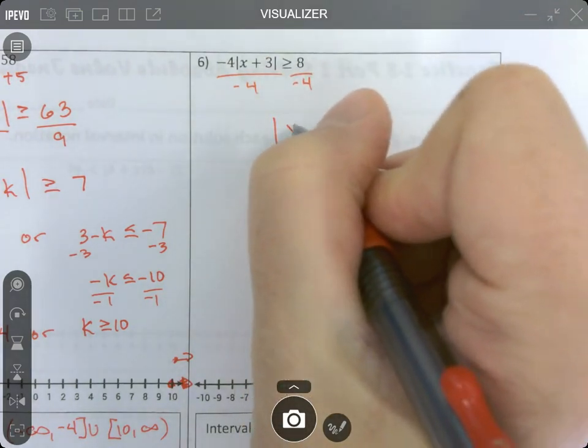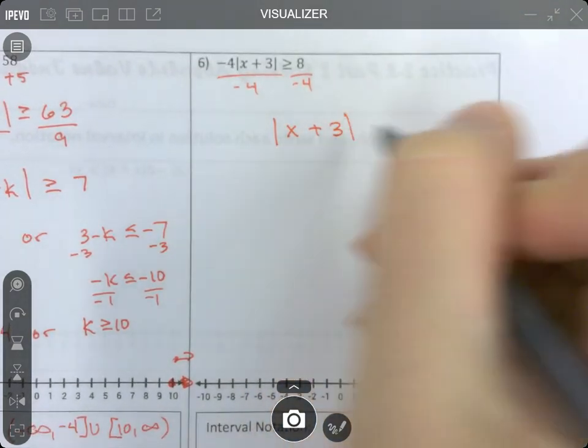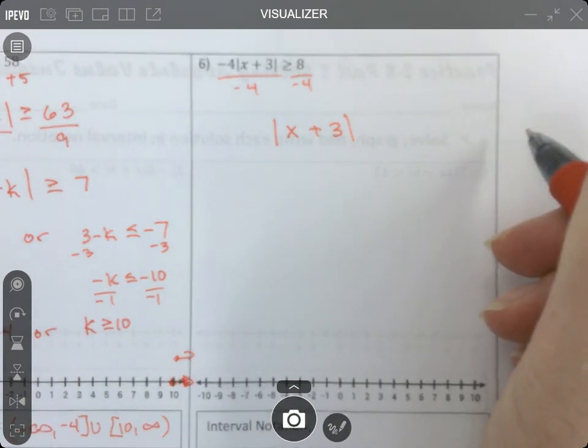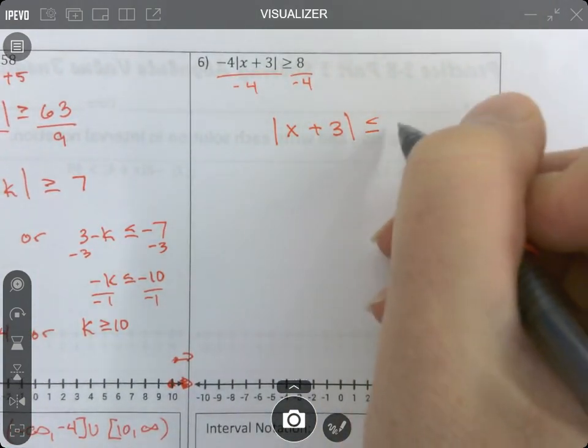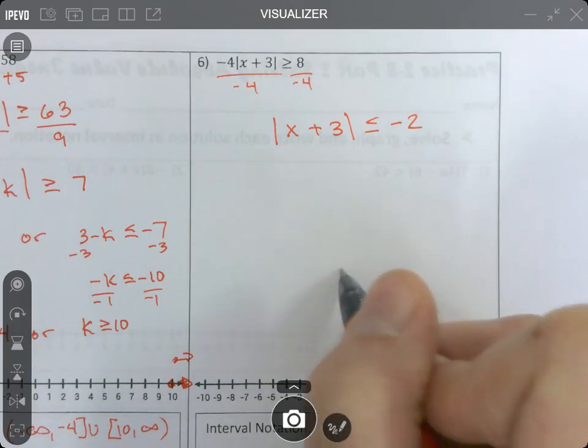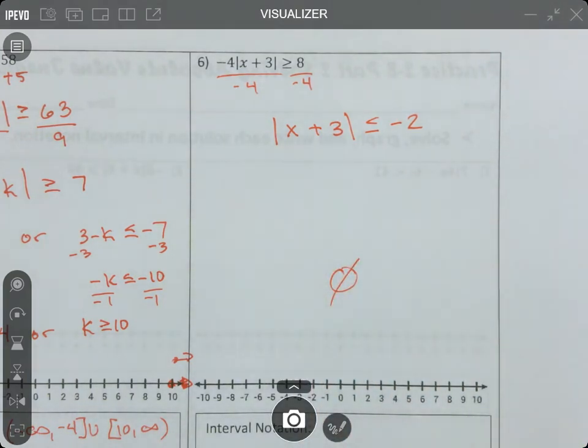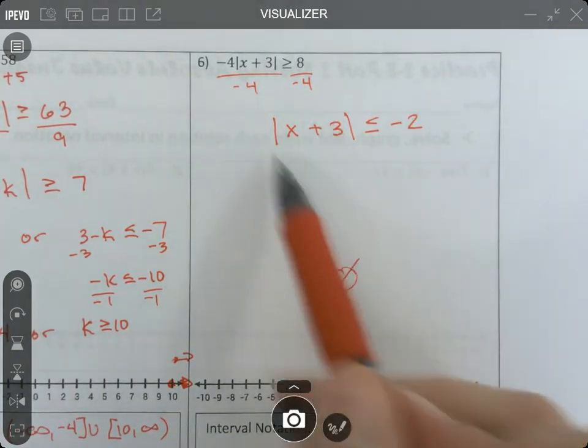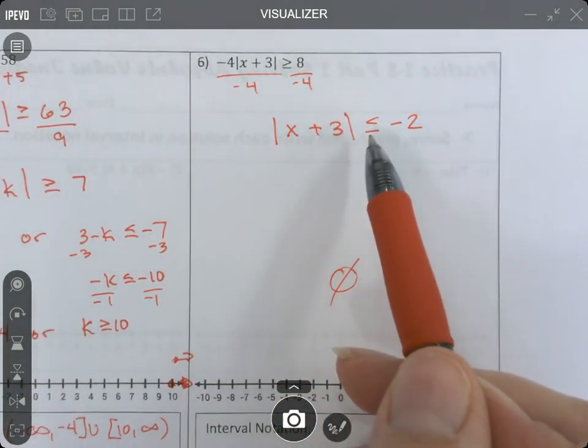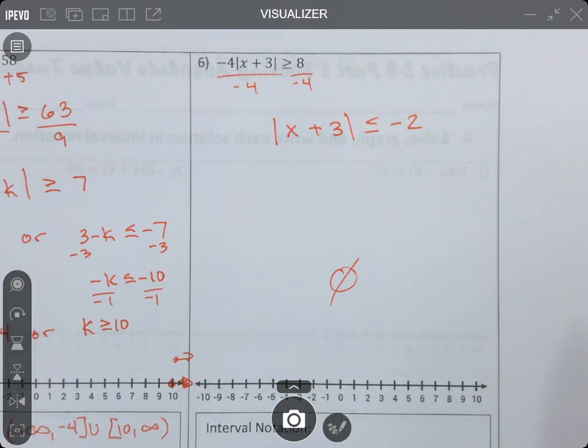This is changing that. So divide by negative 4, divide by negative 4. It is going to be the absolute value of x plus 3 is what? Less than or equal to negative 2. Boom, I'm done. Why am I done? Will my absolute value ever be less than or equal to a negative? No. Okay, I'm not going to show it, but you get the idea.